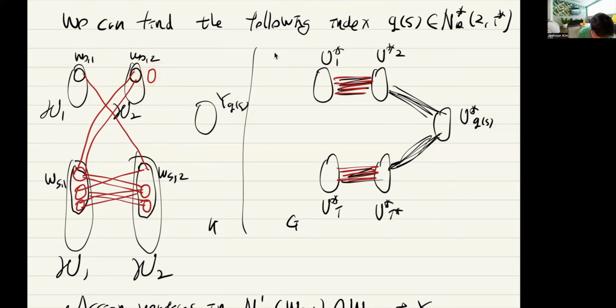So this will be there. Then what happened? These edges and these edges will change so that they're going to here and here. And now still these edges are problematic.